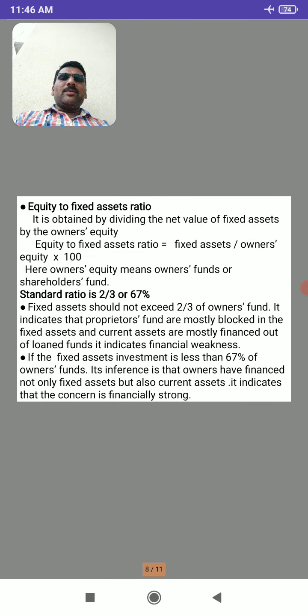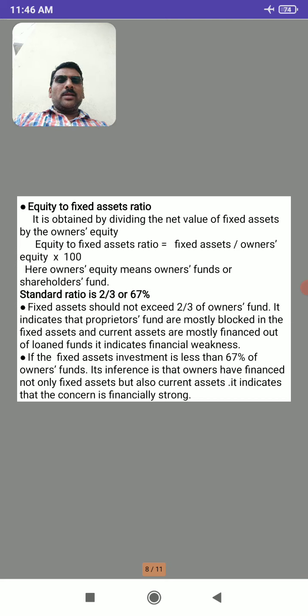So next, the second one is the equity to fixed asset ratio. It is obtained by dividing the net value of fixed assets, only fixed assets, by the owner's equity. Owner's equity means here shareholders' fund. We have already known how to calculate the shareholders' fund, and here we will take only the fixed assets.